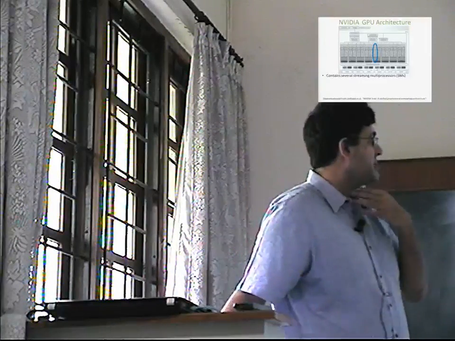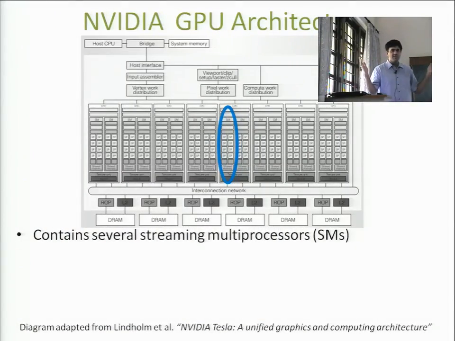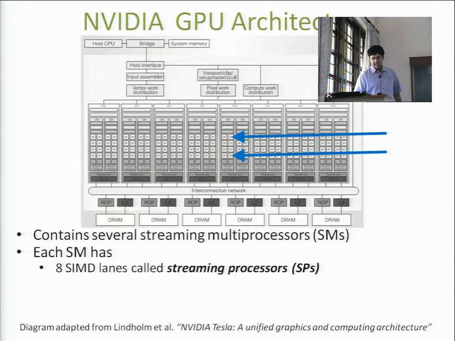So what does a real GPU actually look like? Each of those sets of SIMD units in NVIDIA terminology is called a streaming multiprocessor. Currently these 32-wide SIMD units are called streaming multiprocessors. Each of these streaming multiprocessors has these SIMD lanes, 32 of them now, but this is an old GPU, it used to have 8. These ALU lanes are called streaming processors.